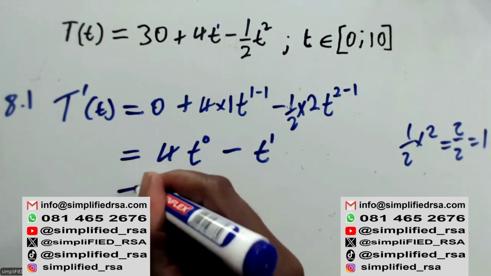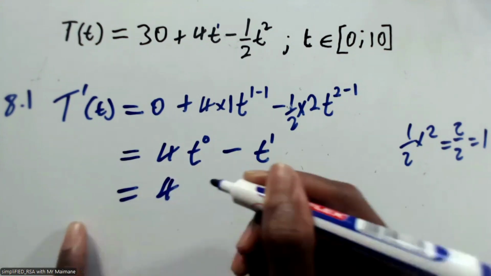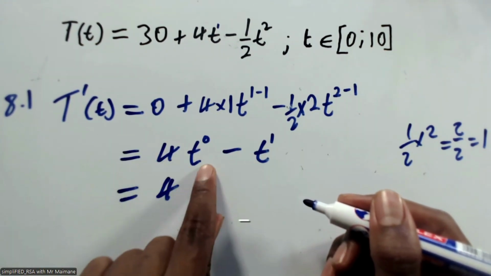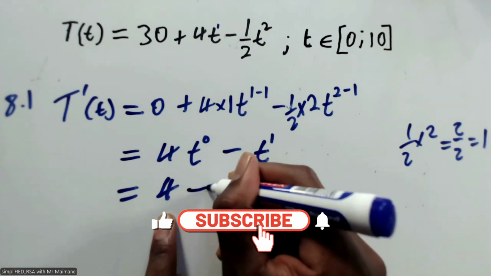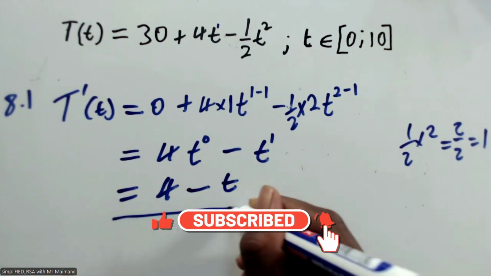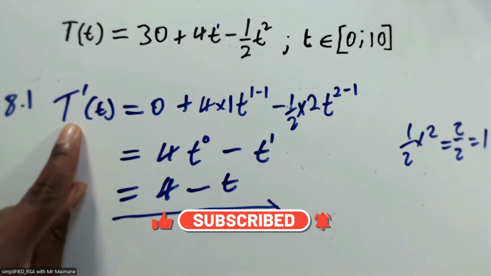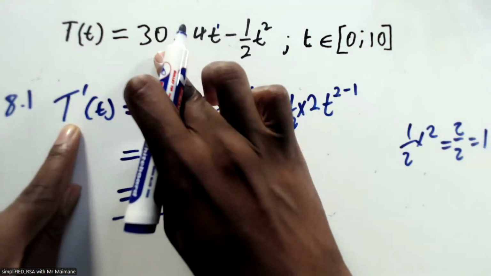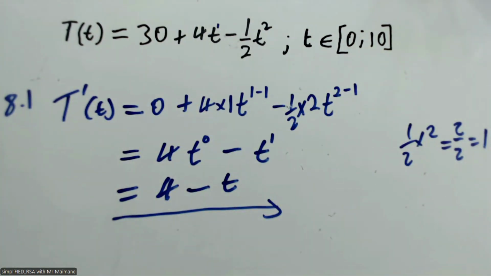Hence, if I simplify this, I'll have 4, because any number to the exponent 0 is just 1. So it's 4 times 1, which is just 4, minus t. So this is the expression of rate of change of temperature of this formula. That's how we answer 8.1.